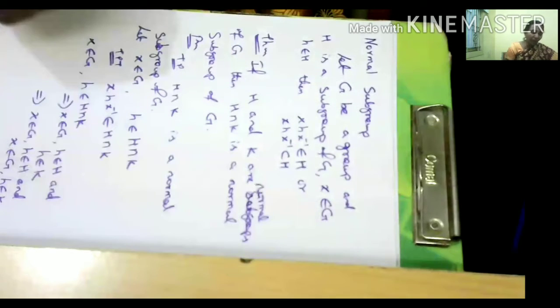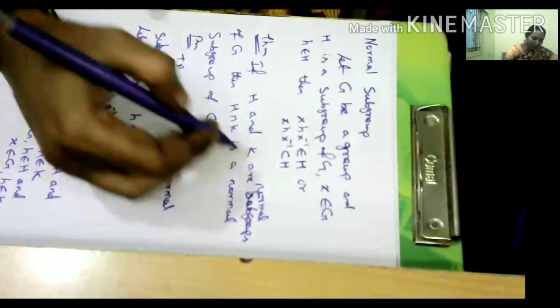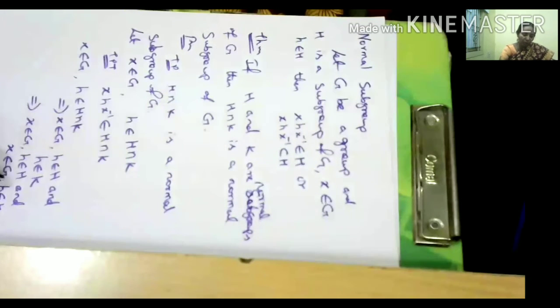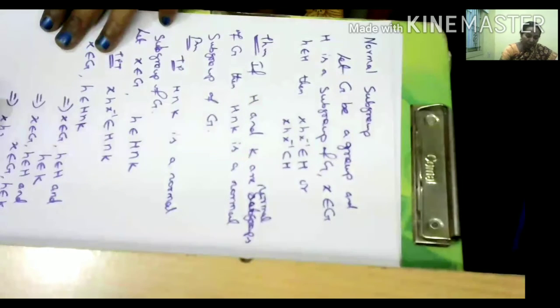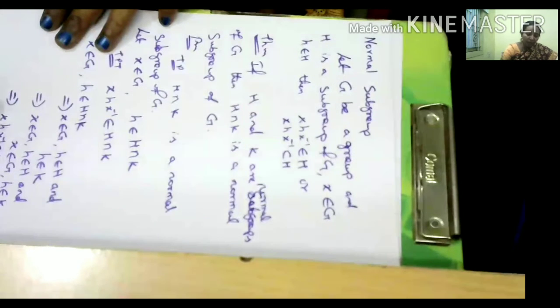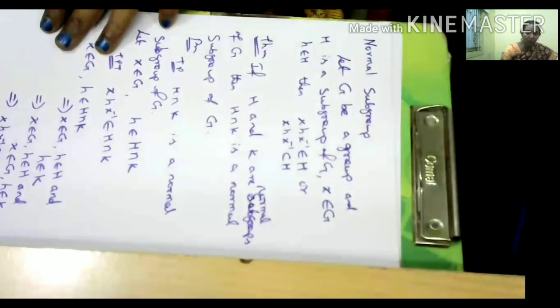So by using the definition, x belongs to G, h belongs to capital H, and H is normal, therefore x h x inverse belongs to capital H and x h x inverse belongs to K also.